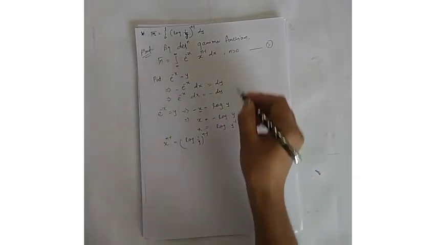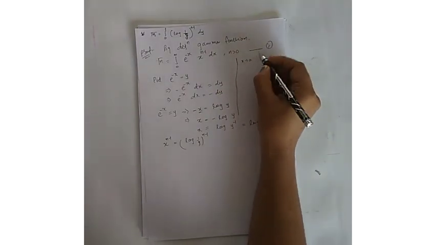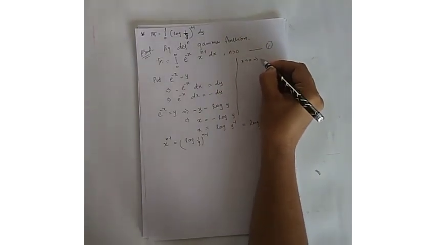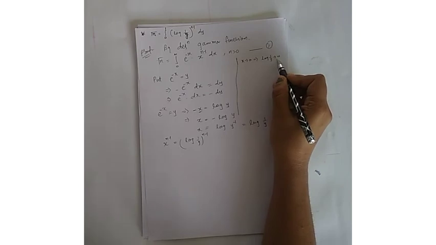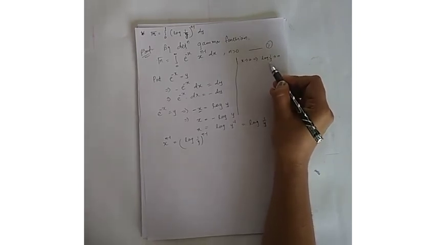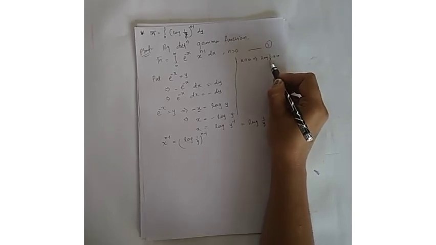Now for the limit, x tends to 0 will imply that log 1 upon y tends to 0. When log tends to 0, here I put which value of y, log 1 is 0, so here I have to put y is equal to 1.